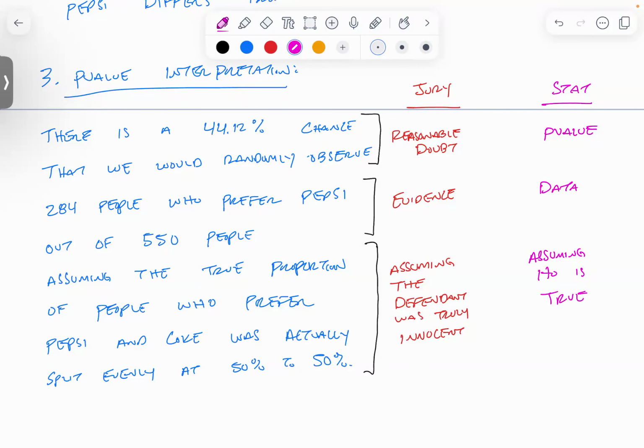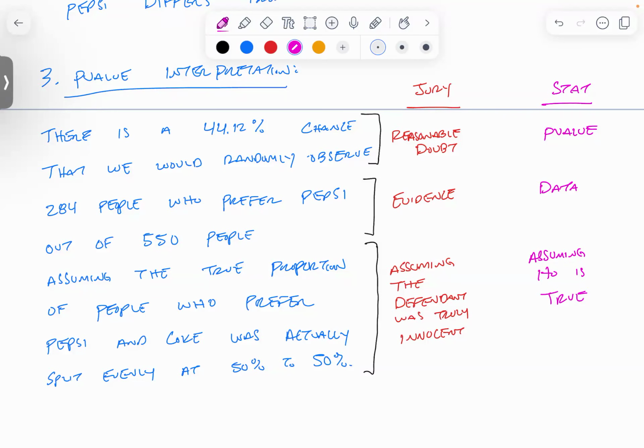That's why if we're able to say guilty, if we're able to say reject H0, it's because we had lots of evidence against the null hypothesis. So we had so much evidence that it is impossible for the null hypothesis to be true. There was so much evidence collected that it was impossible for the defendant to actually be innocent. That is the p-value interpretation.